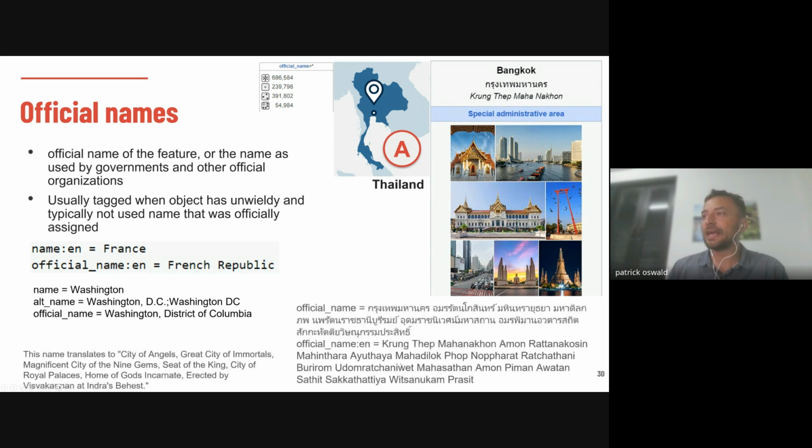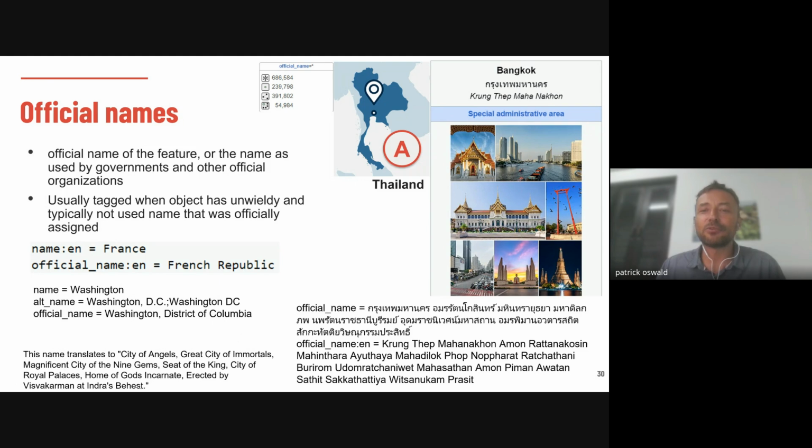The official name is Krungthep Mahanakhon Amon Ratanakosin Mahintara Ayutthaya Mahadilok Bob Noptara, and so on and so on. Translated, it means city of angels, great city of immortals, magnificent city of 9 gems, seat of the king, city of royal palaces, home of gods incarnate, erected by Visvakarman at Indra's behest. So that's the official name.